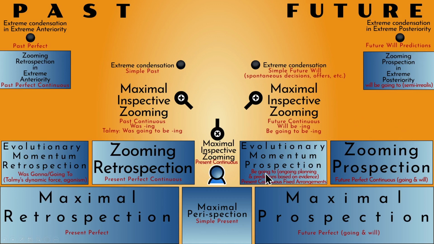On the other hand, with going to, we don't have this concentrated blackish dot or sphere that doesn't give us much information about the surrounding details. We instead have a window of attention. We have this relatively big window that allows us to think about the different details. To what extent we can see those details is difficult to tell, but we do have some attention to the general details. So that's why we have here going to for plans, for intentions, for something that I want to do over the following hours or days.